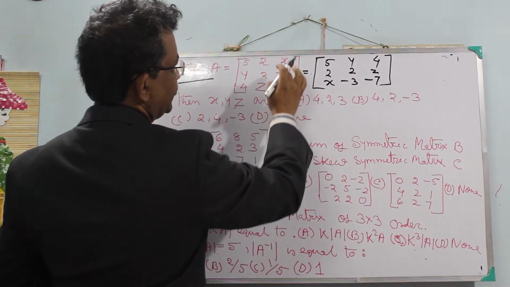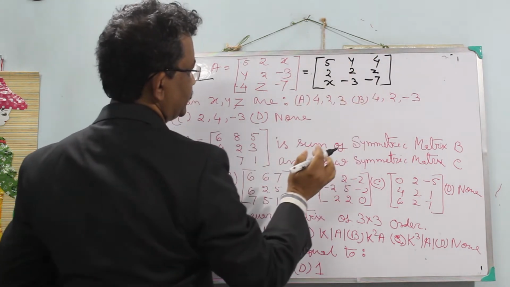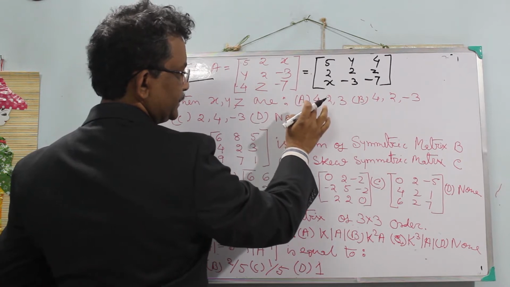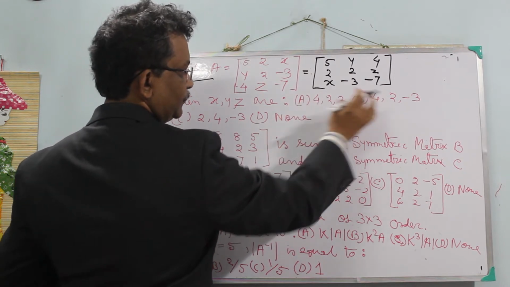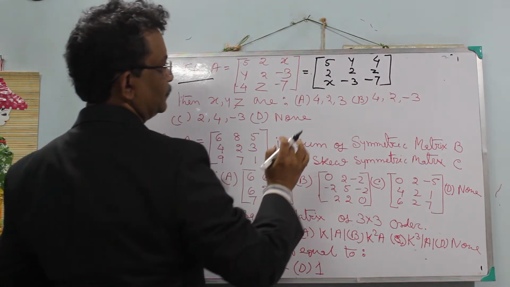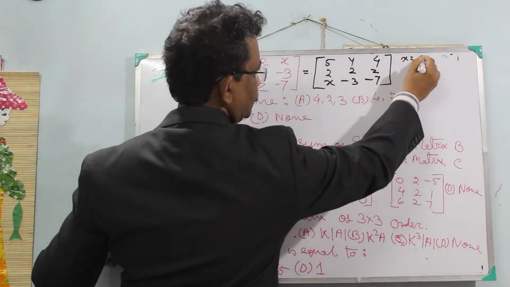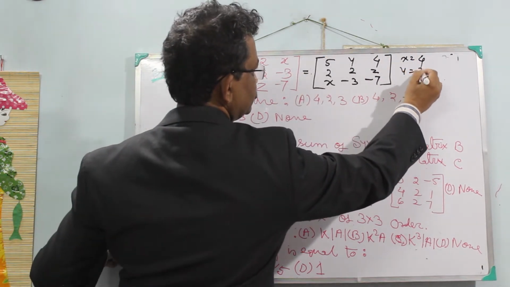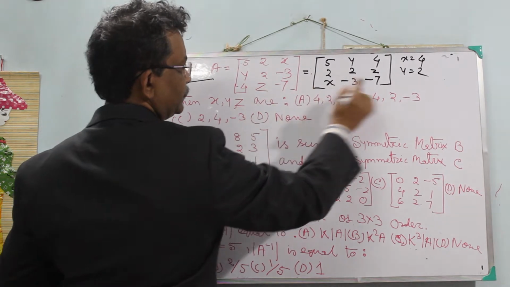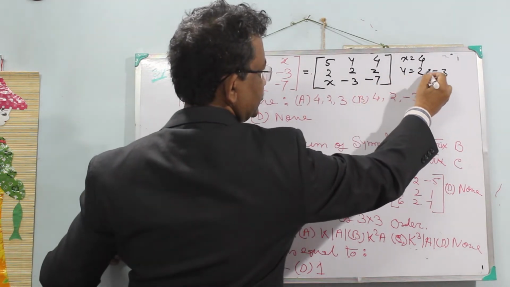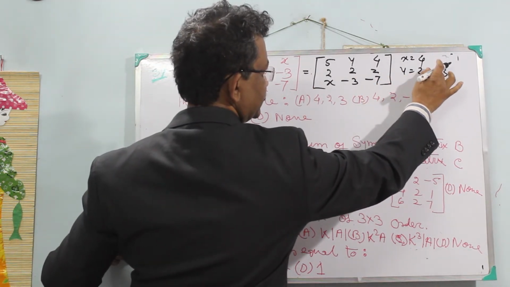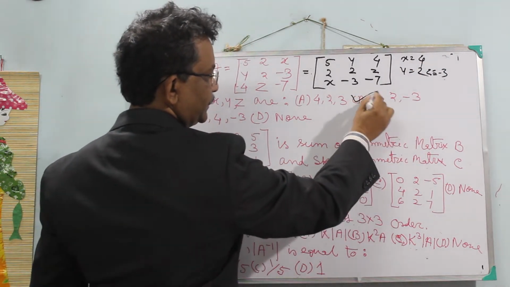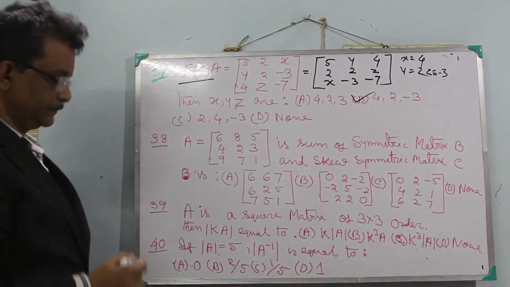So you see x equal to 4, y is equal to 2, and z is equal to minus 3. So the correct answer is 4, 2 and minus 3. B is the correct answer.